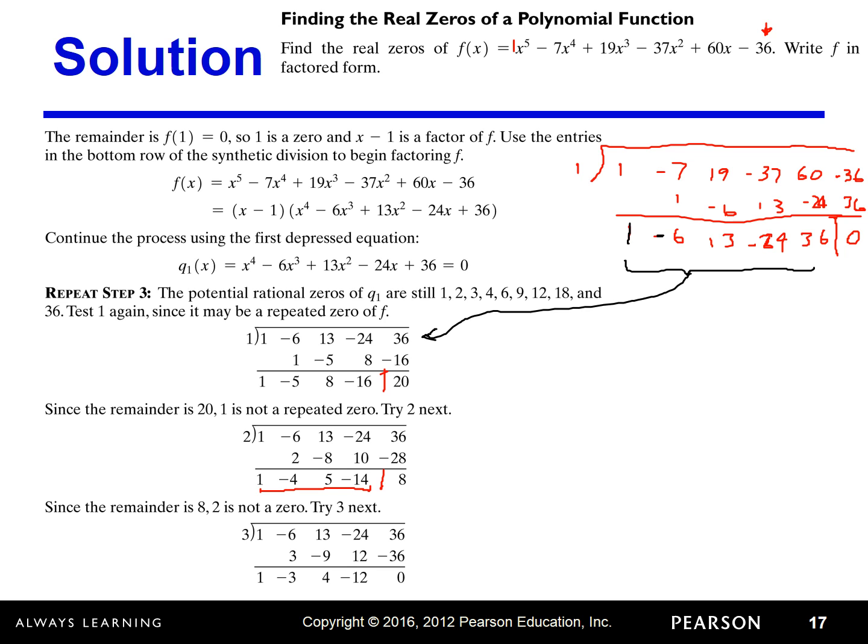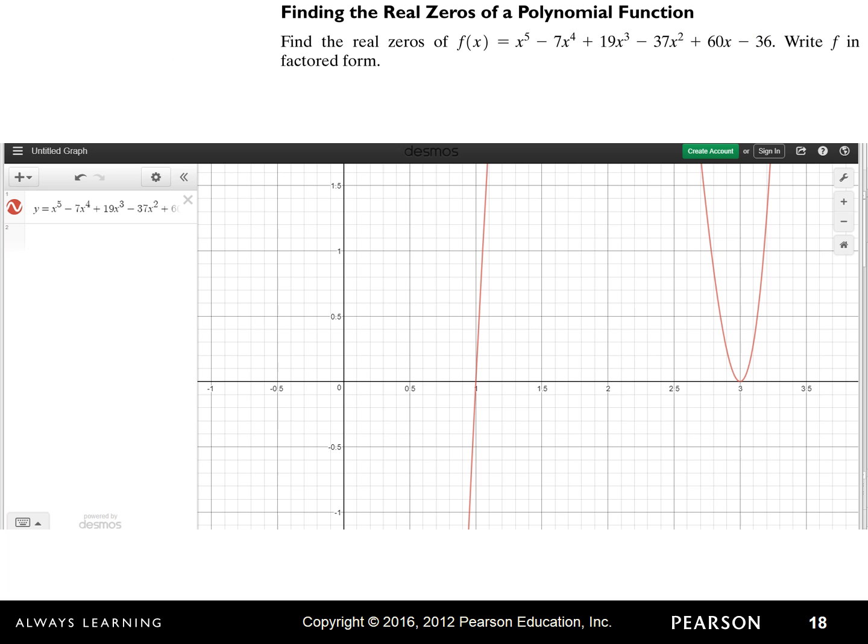And he says, well, let's try 3. Well, 3, he says, does turn out to be a 0. Of course, we already knew that because we've looked at the graph and we saw that x-intercept at 3. And we're just going to need to confirm that algebraically.